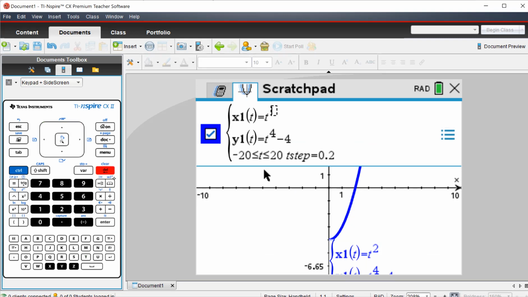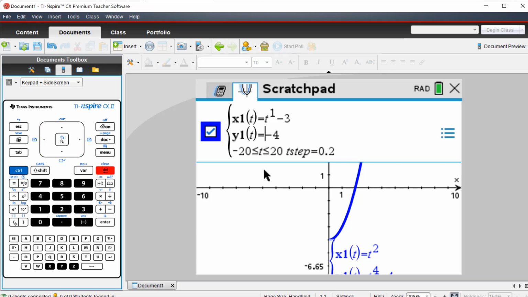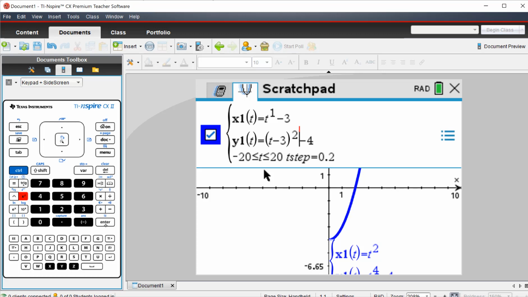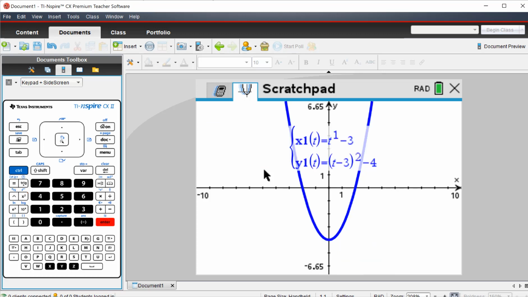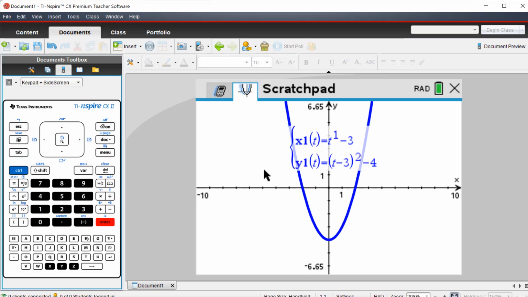Let's try it. If I let x be t minus 3, and then y would be t minus 3 squared. Yep. I think that's what we said. Let's double check. T minus 3. Yep. And sure enough, that's the parabola, x squared minus 4.